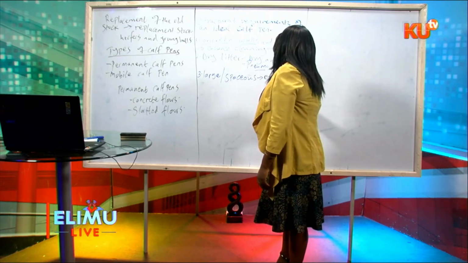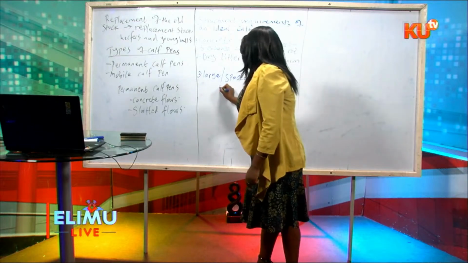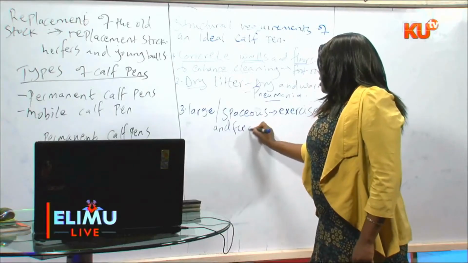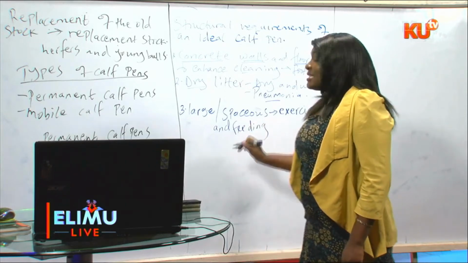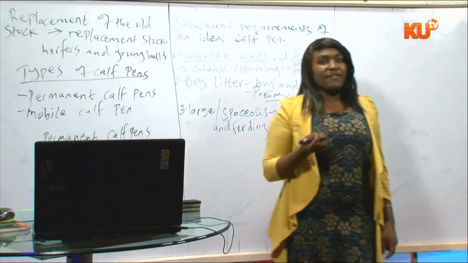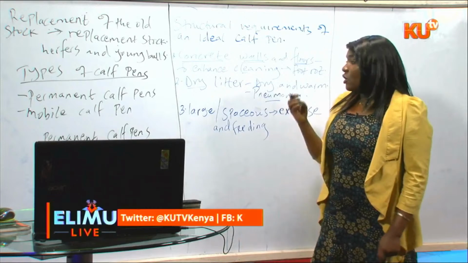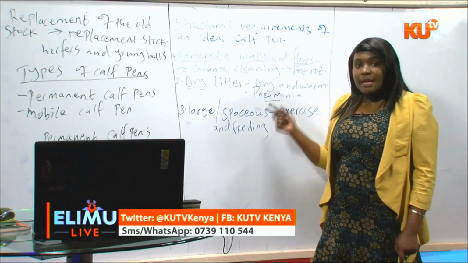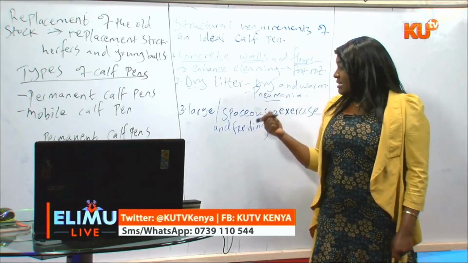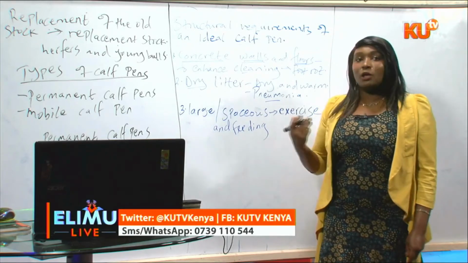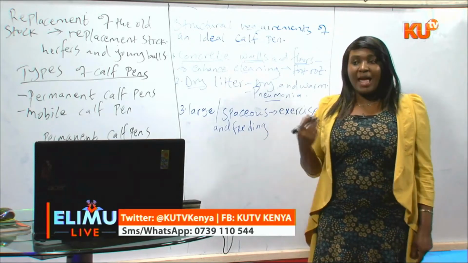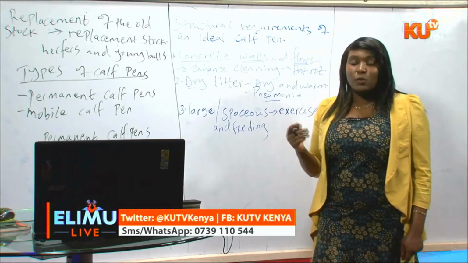Exercise is very crucial, exercise and feeding. Exercise is very crucial for each and every living organism. Just as human beings, we require a lot of space. Animals also require enough space to be able to exercise.